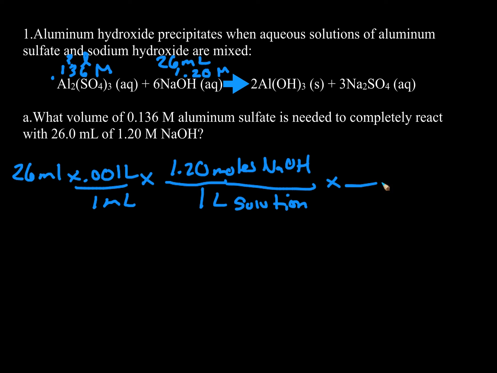Okay, now we're going to use our mole ratio, so 1 mole of Al2SO4 all over 6 moles of NaOH.